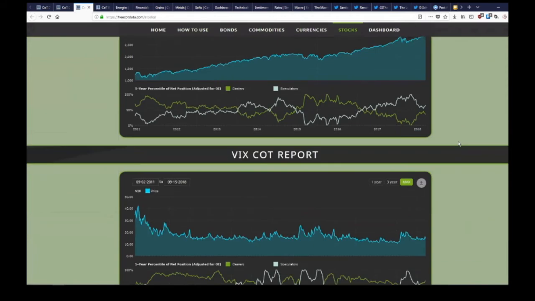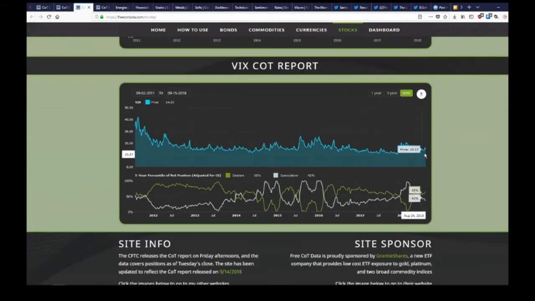And then VIX is interesting in that I tweeted about it earlier. A lot of people have this narrative that in January and early February, traders were carrying a massively net short VIX position. And that wasn't the case. Traders were net short, and you can see it right here. It was middle of the road positioning for speculators with a 5-year percentile of 49%.